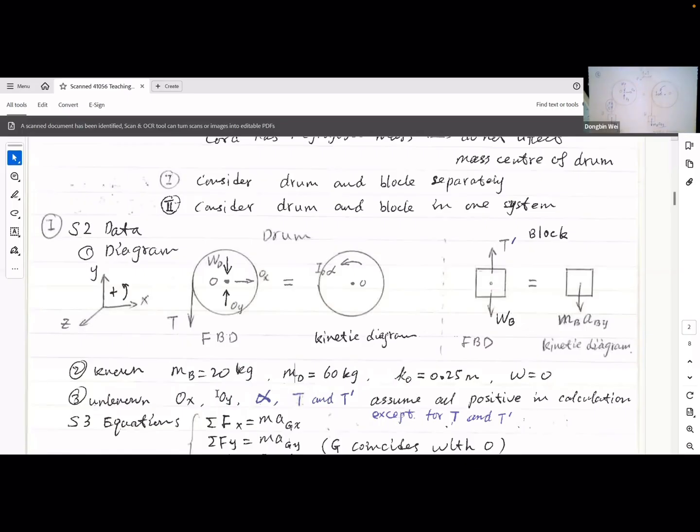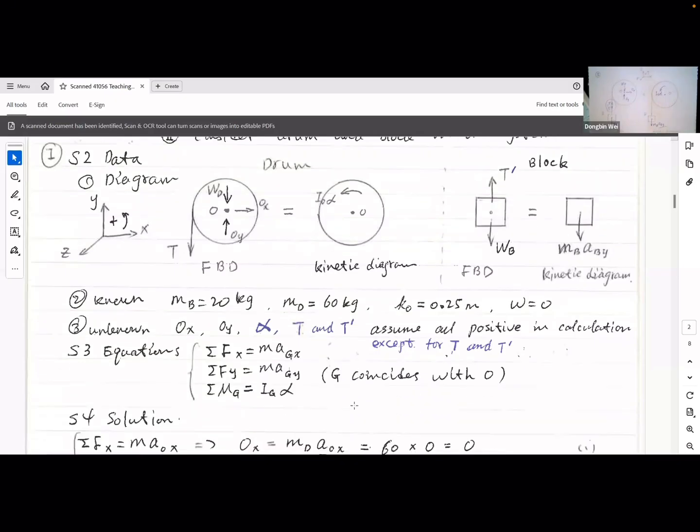Okay, we don't know O_x, O_y, and we assume they are positive. We don't know alpha, we assume it's positive counterclockwise. For T and T prime, because they are a pair of forces, they have the same magnitude but opposite direction. So we can't assume both of them positive. Okay? We just use their real direction in our following calculation.